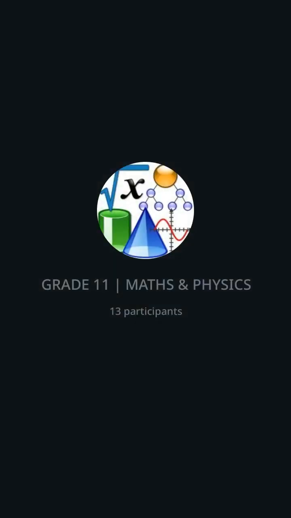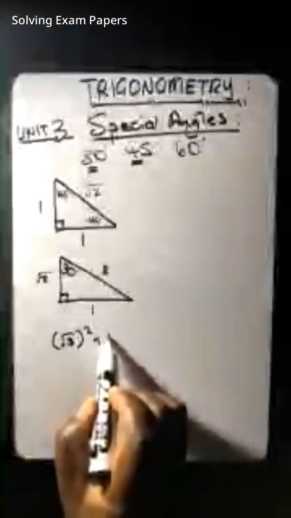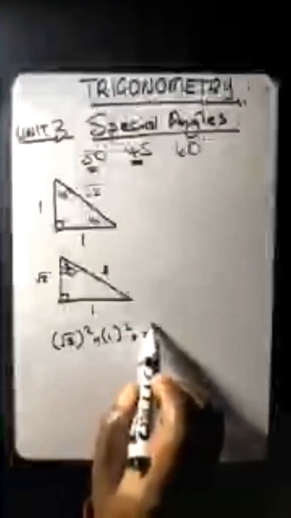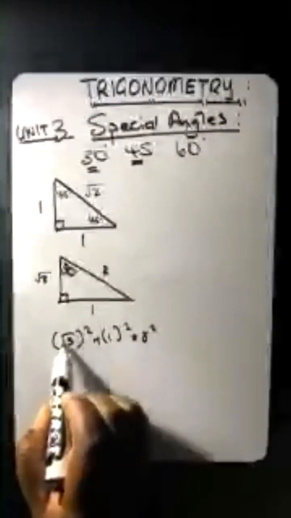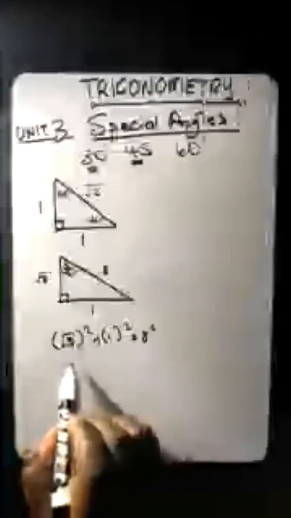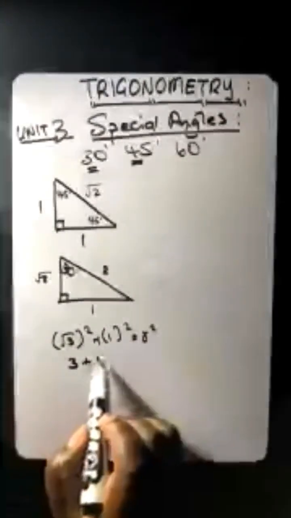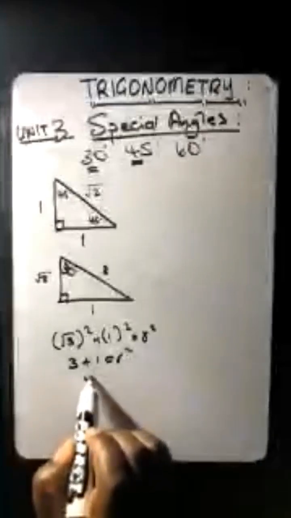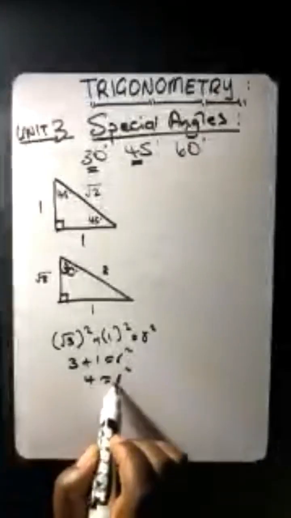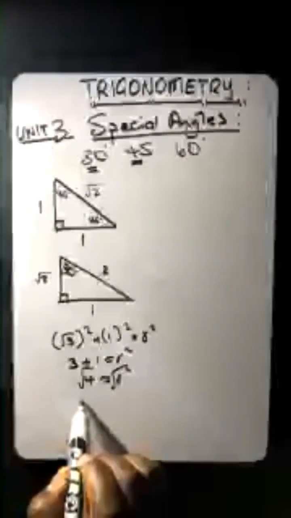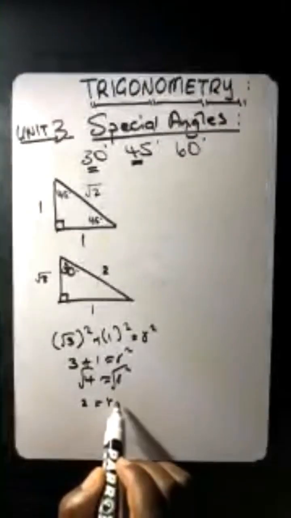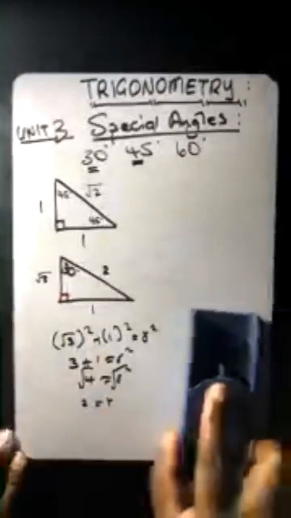Let's check: square root of 3 squared plus 1 squared equals r squared. The square root of 3 squared gives 3, plus 1 is 4. So when you square root both sides, r is actually 2. So that is where that 2 is coming from.